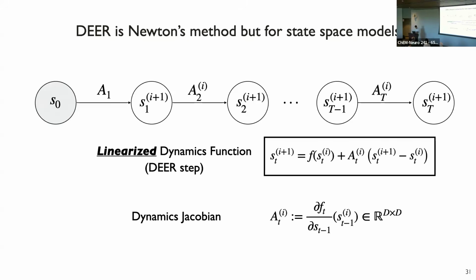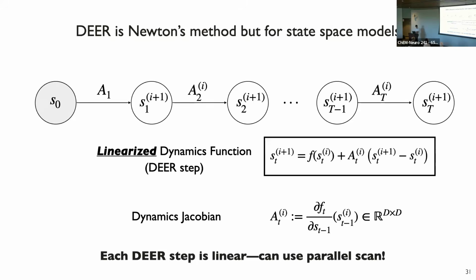That's the DEER equation. Again, it's a linear dynamical system. A is a matrix acting on our state to get to our state at the next time. And because each DEER step is linear, we can use that parallel scan. We've effectively taken nonlinear SSMs and put them into the regime of linear SSMs.